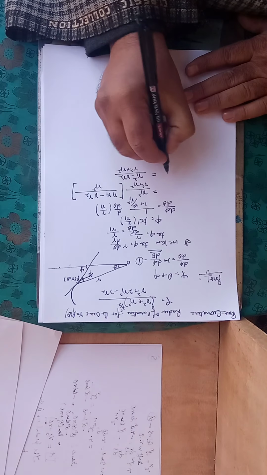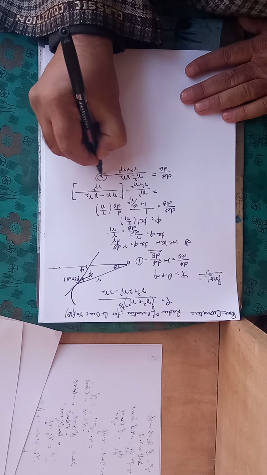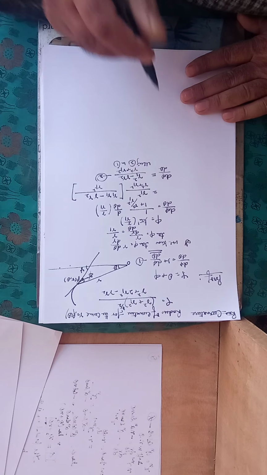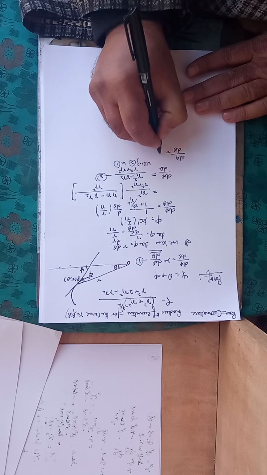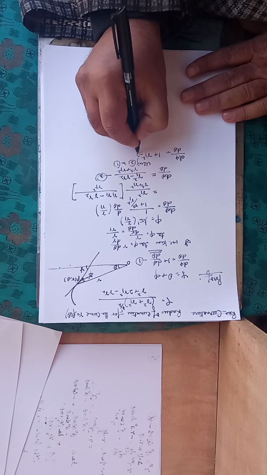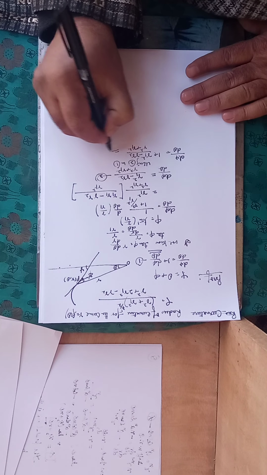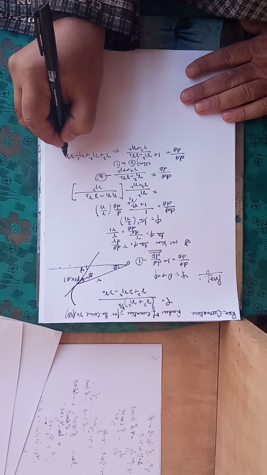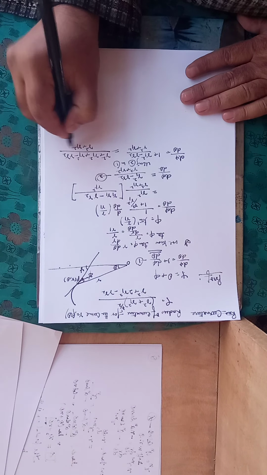Let me use it. This is 2. Using 2 in 1, I will have d psi by d theta is 1 plus r1 square minus rr2 over r square plus r1 square. This is r square plus r1 square plus r1 square minus rr2 divided by r square plus r1 square.